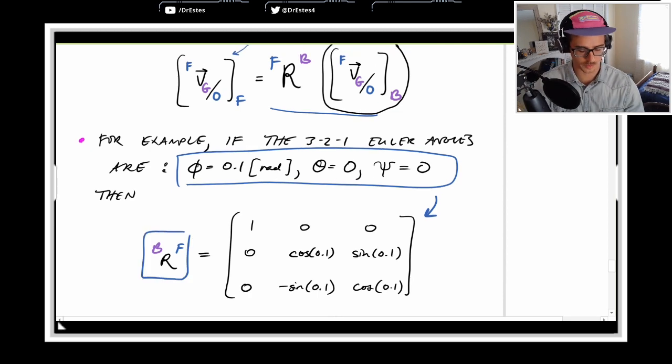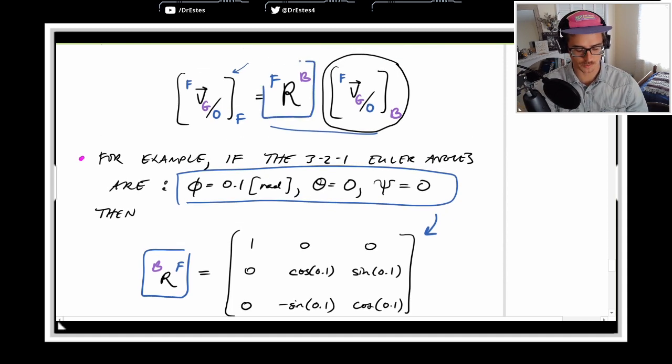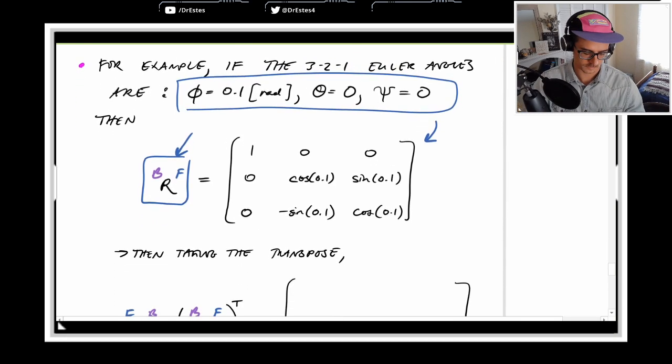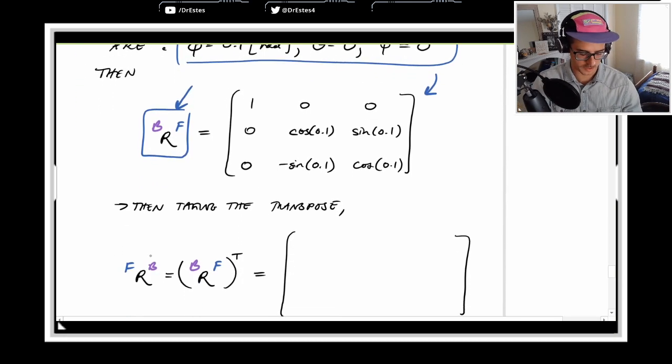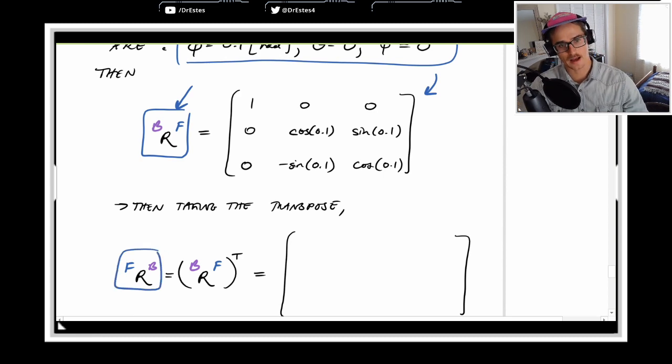We derived the rotation matrix from F to B, but up above I need the rotation matrix from B to F. So how do you get that? You just take the transpose of this matrix, because from B to F is the same as the transpose from F to B.